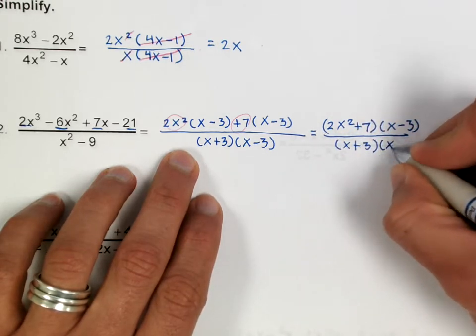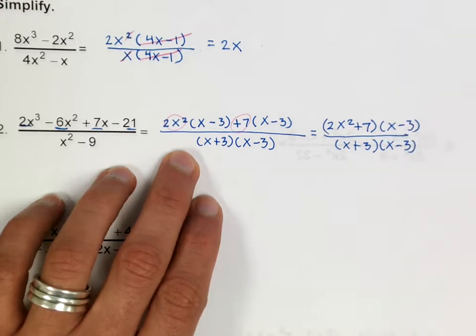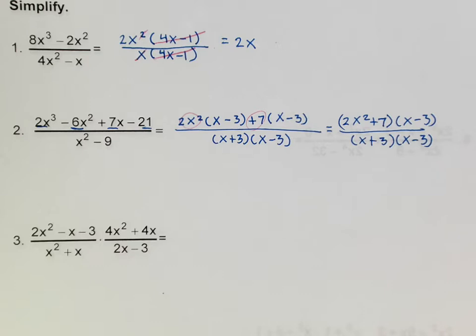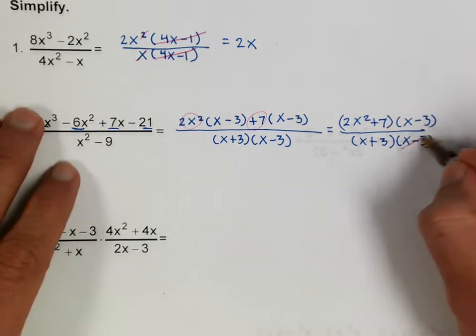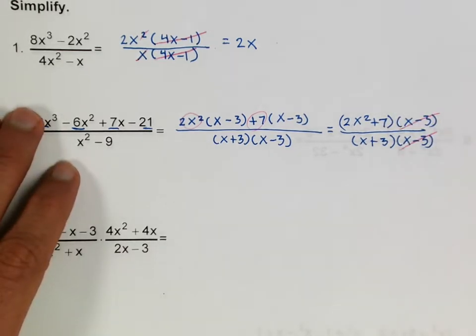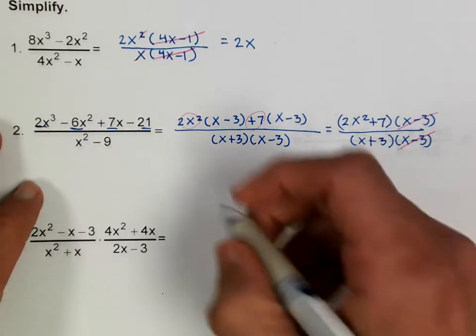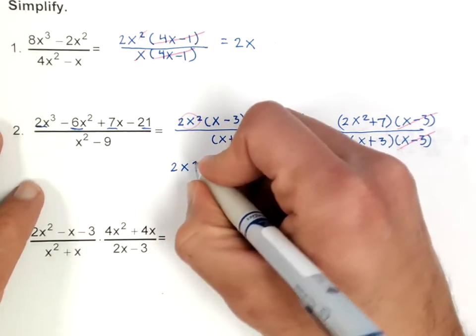Like I've said, you must cancel all of one of those parentheses or none of it. So this x minus 3 will cancel that x minus 3, and in this case, I cannot cancel anything else. Whatever I have left over, I'm just going to rewrite, and that becomes my answer.